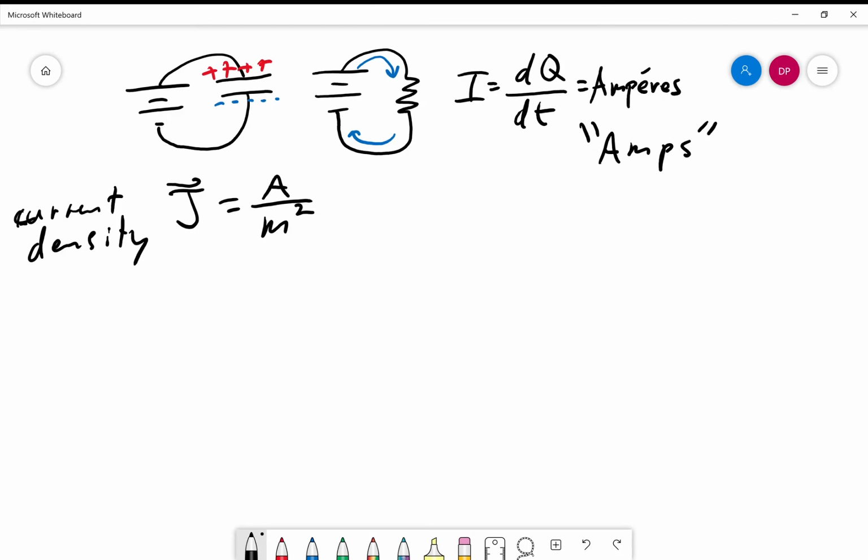It's the amount of current that doesn't necessarily go past a certain point in time, but if you have a conductor like this and the current's going this way, and you take a cross section of it, say it's a circular cylindrical wire, then you've got a circular cross section with radius r, and the area, of course, is pi r squared. So the amps, don't be confused here when I do a capital A here.